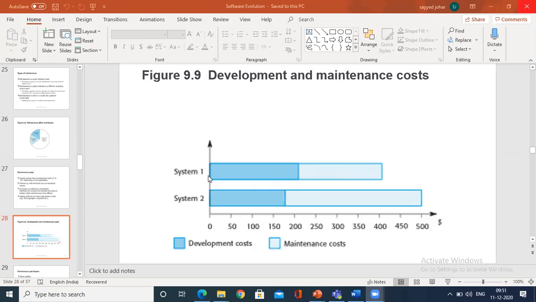In system one, you could see the development cost is, maybe if you consider in terms of dollars, $25,000 invested in making the system more maintainable. Whereas in the case of system 2, we have spent more cost on the maintenance.